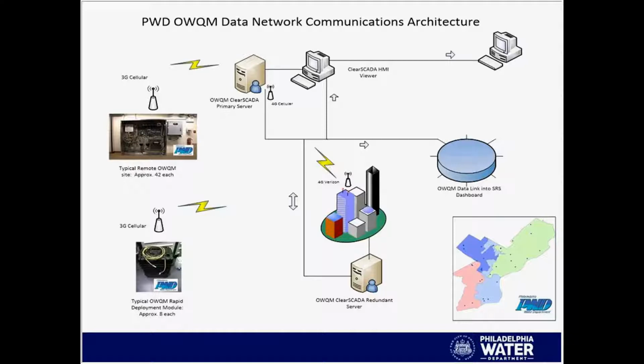Data is transmitted from the remote locations into our OWQM clear SCADA system, using the DNP3 protocol. From there it goes in, and we also have a redundant server. Data is transmitted to both servers simultaneously, but only one server is acting as the primary. There's a link between the two servers so that each knows which one is the primary. If they don't have that heartbeat between them, the other automatically takes over as the primary.